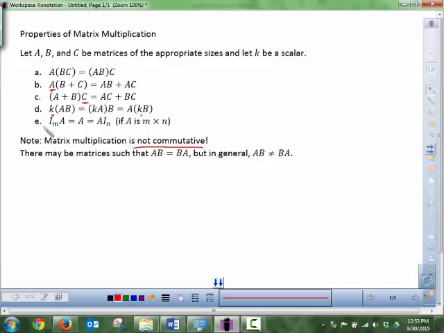And then here is your identity matrix times A. Sometimes it's called the multiplicative identity, just like the additive identity was discussed.